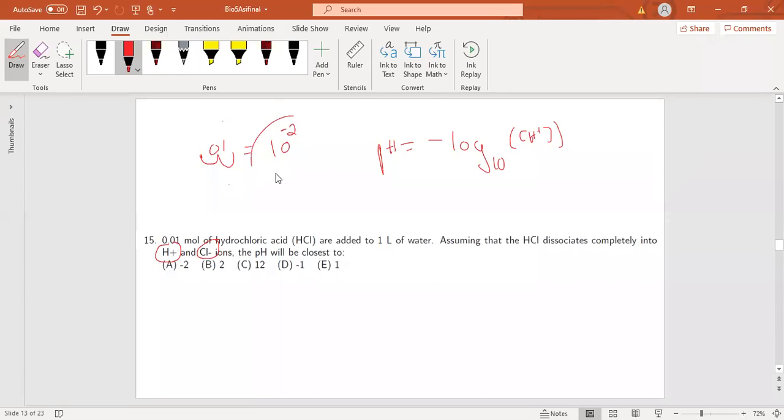So we can plug in our 10 to the negative second straight into here. And if we do that, we can see that our answer choice will come out by, so we cancel out these 10s, right? So log cancels out, and this negative can cancel into a positive, and eventually we get pH equals 2. The answer choice here is B.